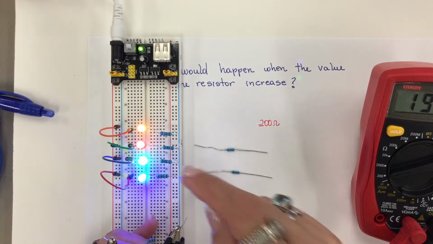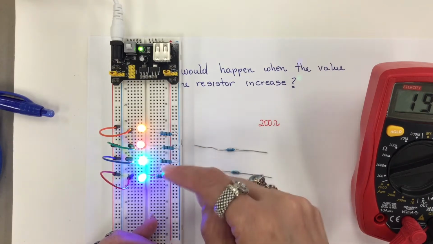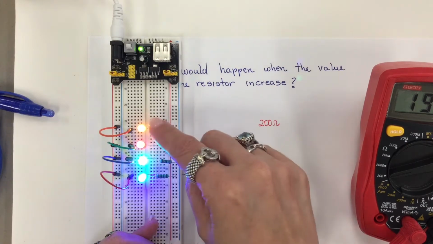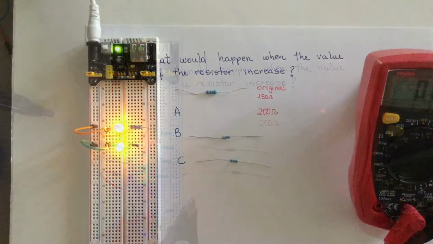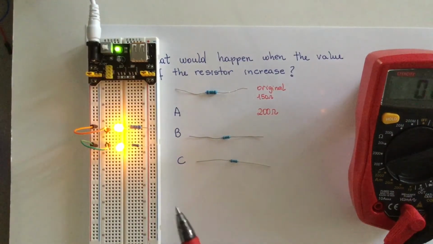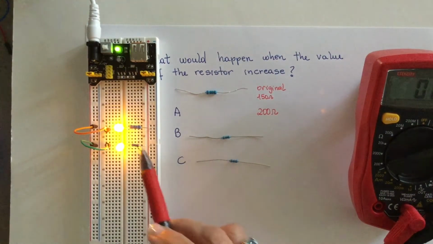So before I switch the resistor, I'm going to check which one I'm going to switch. I'm going to pick this one right here because it's easier for me. Let's see what happens. Okay, I want to comment on a couple of changes that I have made to analyze this circuit when we change the value of this resistor.